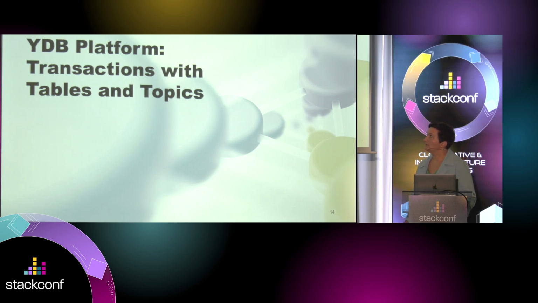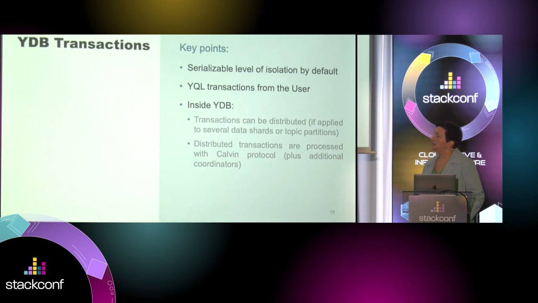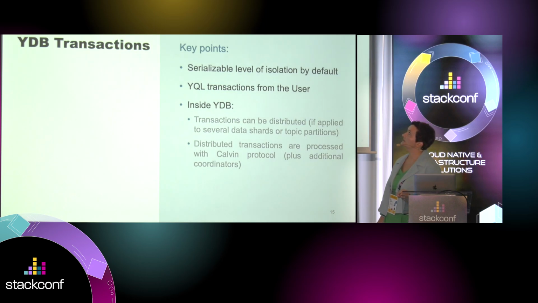And let's go further to transactions, how we create transactions with topics and tables. The key point about transactions in YDB is that they have a serializable level of isolation by default. We also have a less strict level for tables, but only the serializable level is now available for topics.